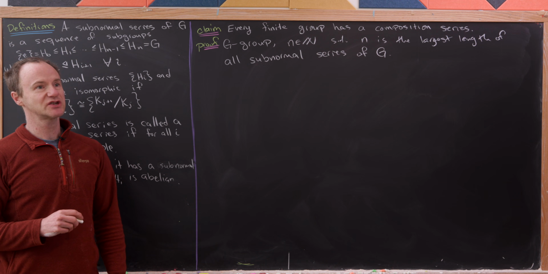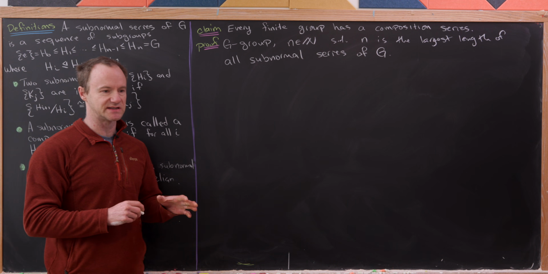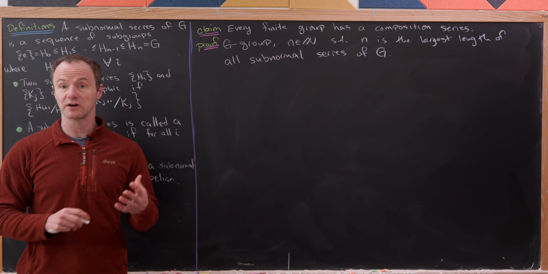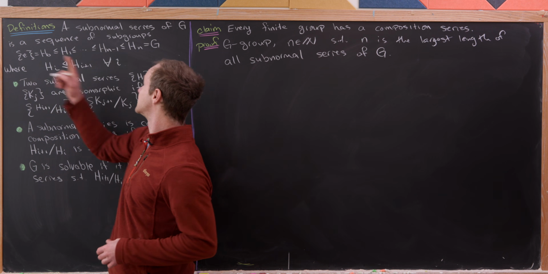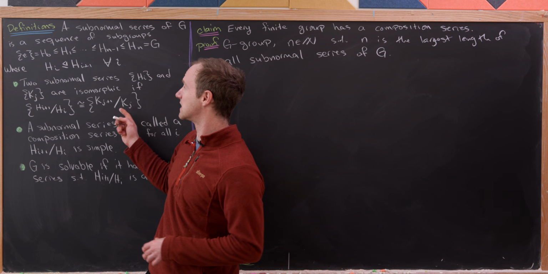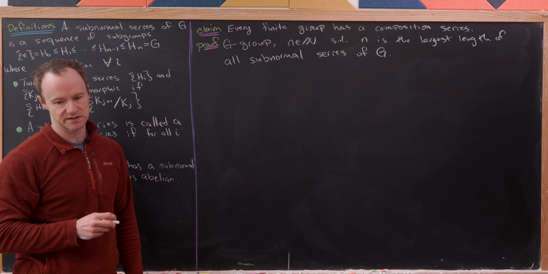And I guess I should say here that we know that a subnormal series exists because, well, there's a trivial one that just does identity and then the whole group, and that satisfies these rules of a subnormal series.